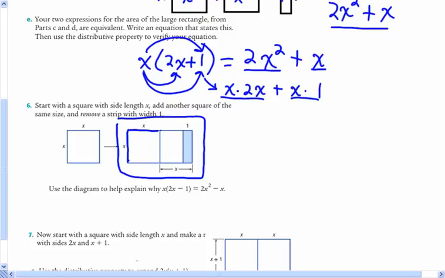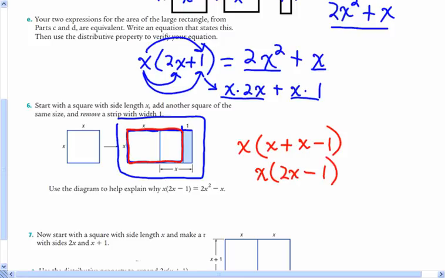There's an x there, there's another x there, but then we're taking off that, so the amount we're left with right there, and I'll do that in red, is the height, which is x, times the width, which is x plus x minus 1. And we can simplify that a little bit. We can just write 2x minus 1. And that makes sense because we added 2 x's together and then we took 1 away from that.